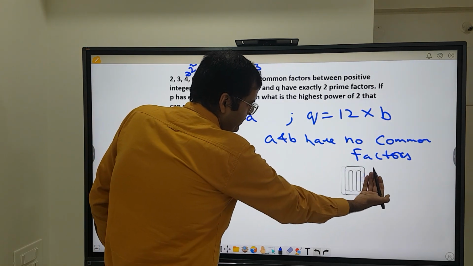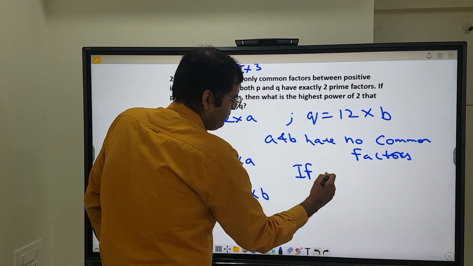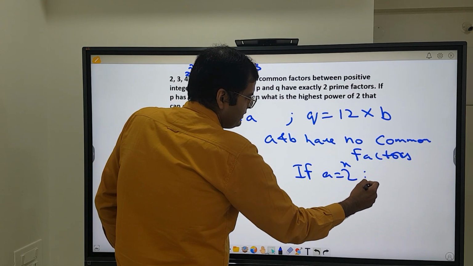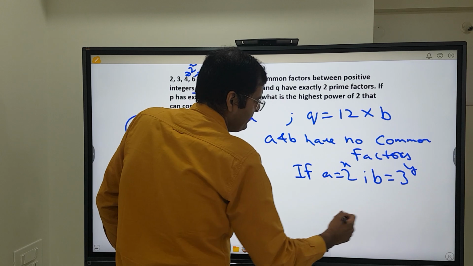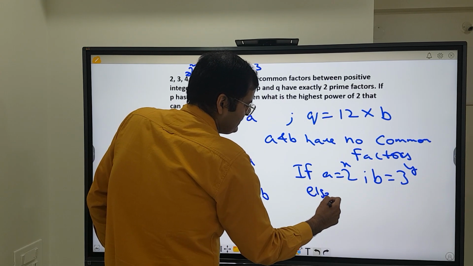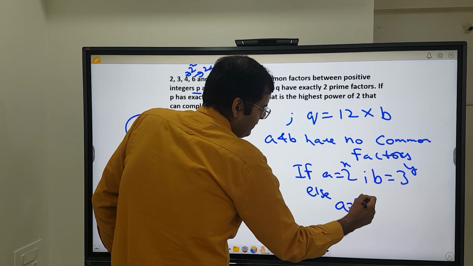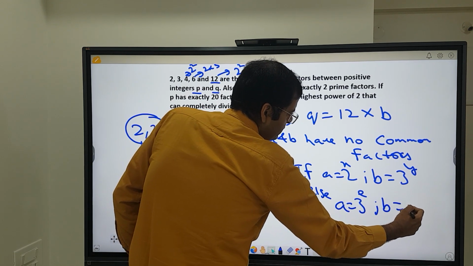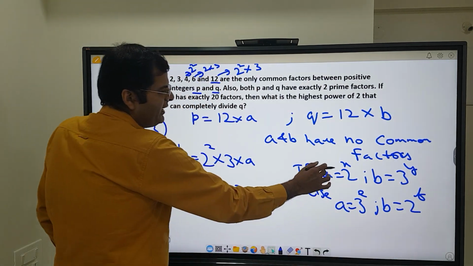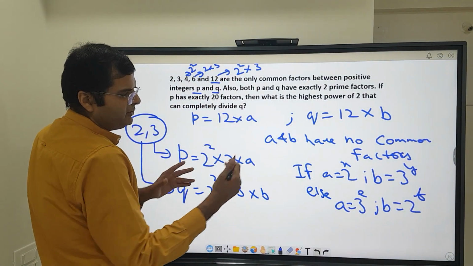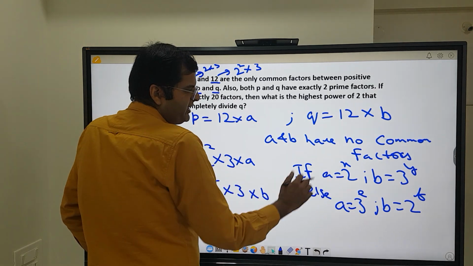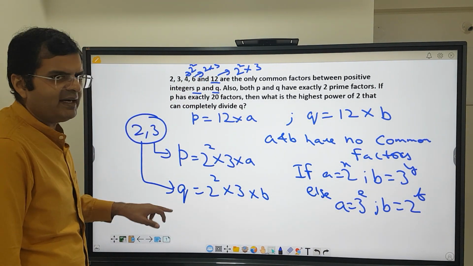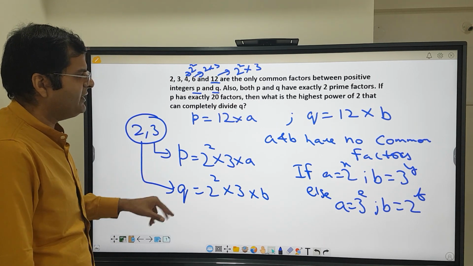So what I conclude is, if a equals 2 raised to power x, then b is equal to 3 raised to power y, else a equals 3 raised to power e and b is equal to 2 raised to power f. Only in that case will you have exactly 2 prime factors in both p and q.